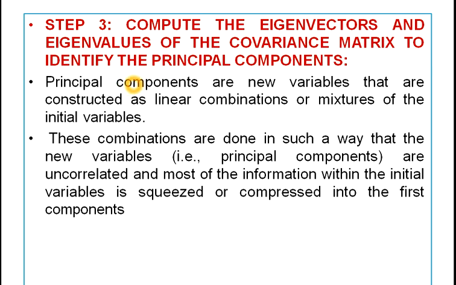Principal components are new variables constructed as linear combinations or mixtures of the initial variables, in such a way that the new variables are uncorrelated and most of the information within the initial variables is squeezed or compressed into the first components. So we have to find the principal components based on calculating these eigenvectors.